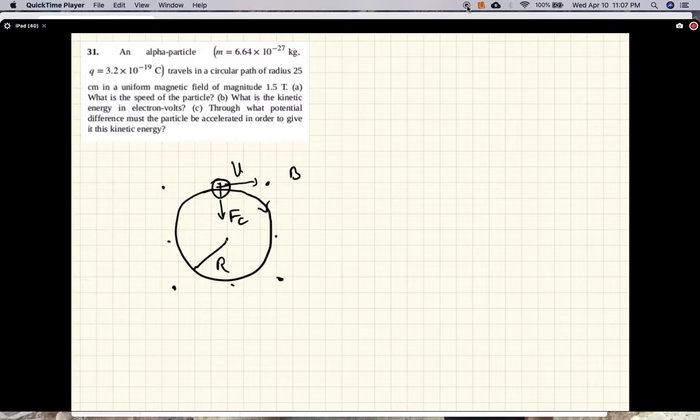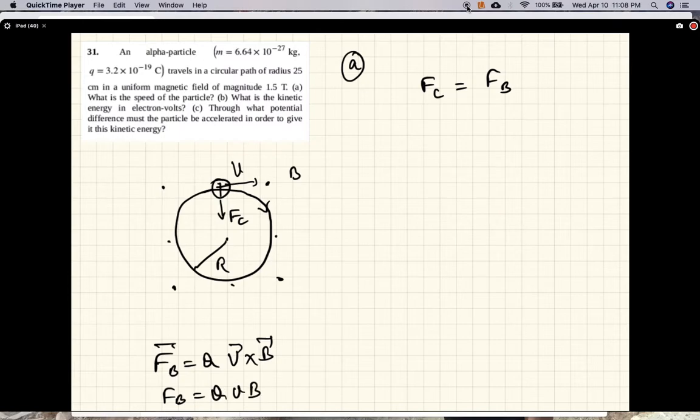All right, so part A, what is the speed of the particle? The centripetal force, mv squared by r, is provided by the magnetic force. The magnetic force is qv cross B, and v and B are perpendicular to each other, so the magnitude of the magnetic force is qvB.